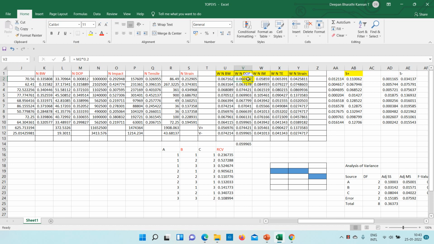V2 is this corresponding value, minus V plus for the depth of penetration, whole square, plus W2, the impact strength value, minus V plus. V plus will be this one, 0.105.